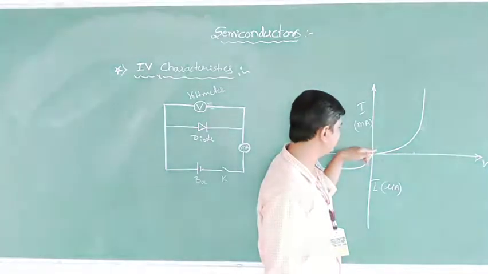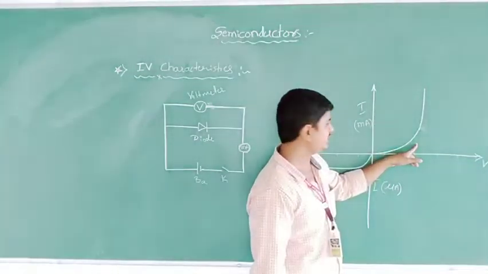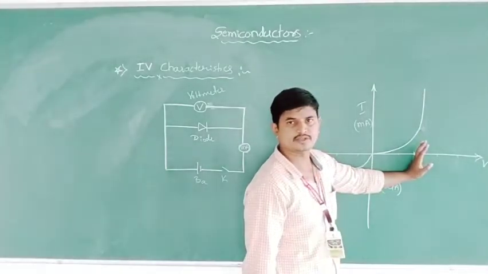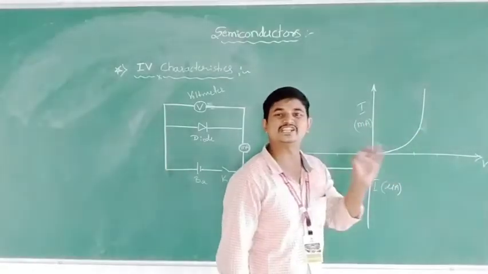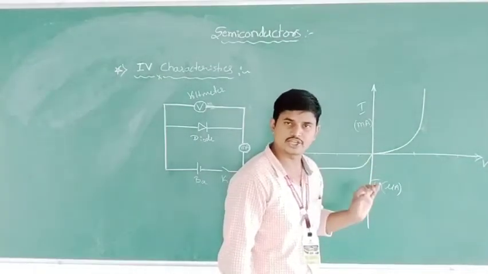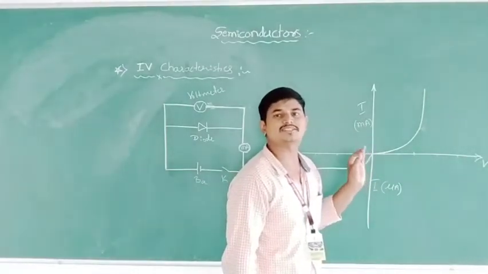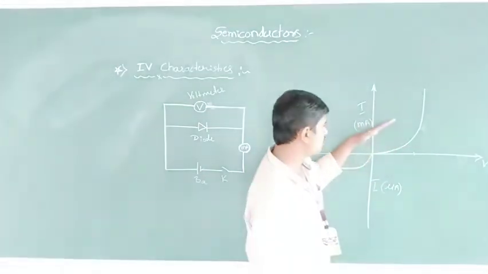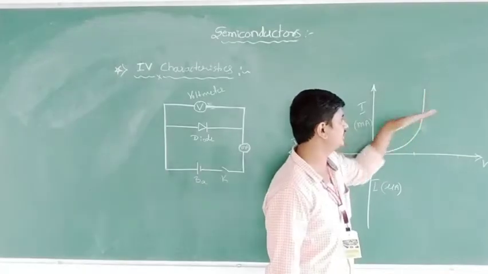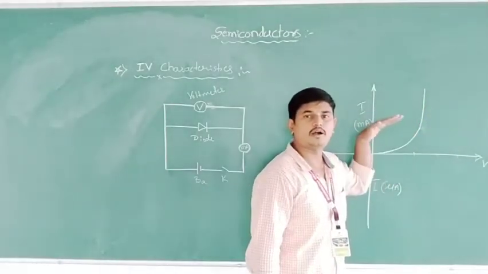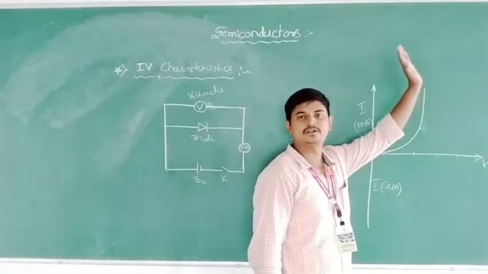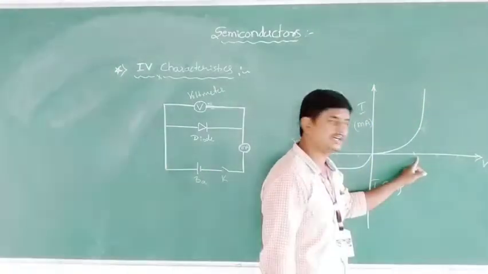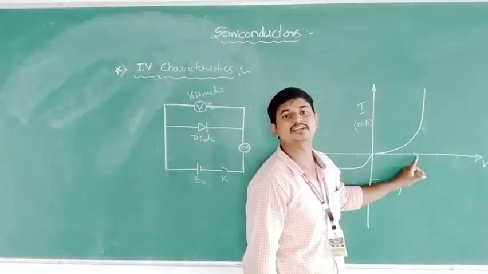Initially, the increase in current is very low, but at a particular voltage, which we call the threshold voltage or cutting voltage, the current increases exponentially.